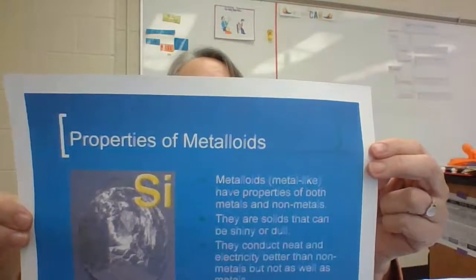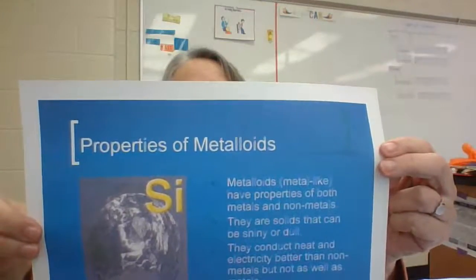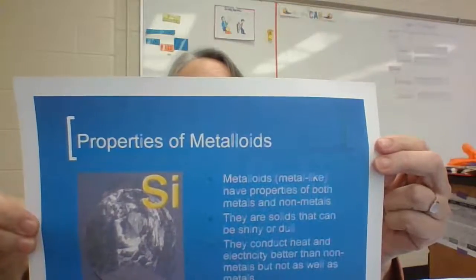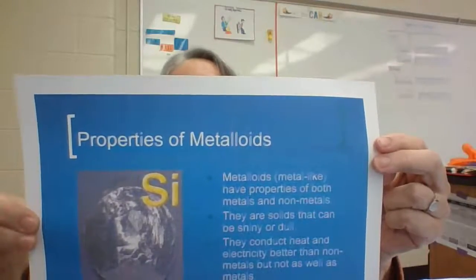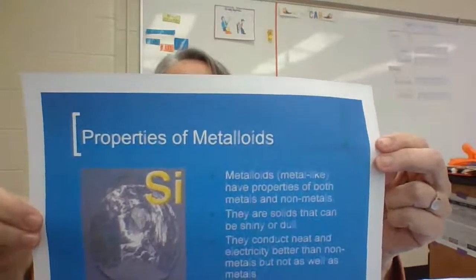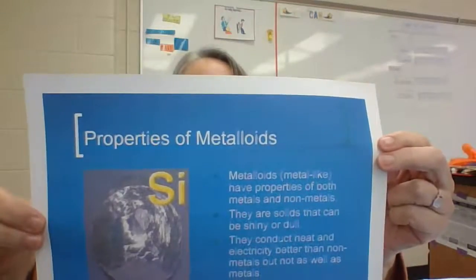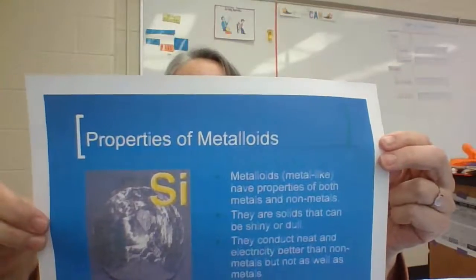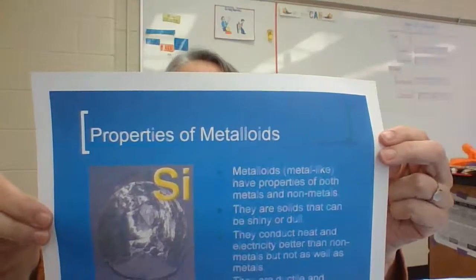They're solids, and they can be shiny or dull. They conduct heat and electricity, kind of better than nonmetals, but not nearly as good as metals. And they are ductile.